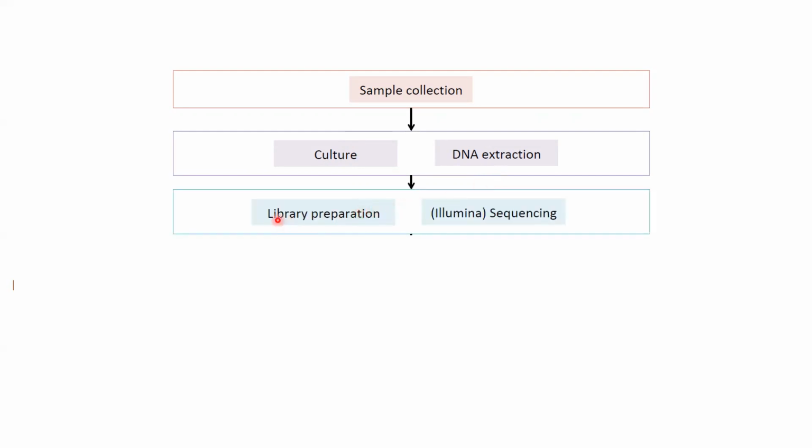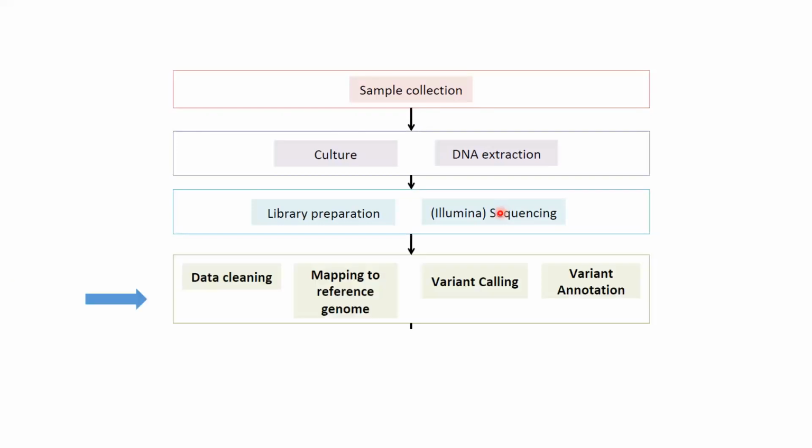Once we have our culture, we proceed to prepare our genomic library to be sequenced. Here we will be talking only about Illumina sequencing, and if you want to understand how Illumina sequencing works, I encourage you to watch the video which we have posted before this webinar. Once we have our sequencing, we proceed to the bioinformatic analysis.